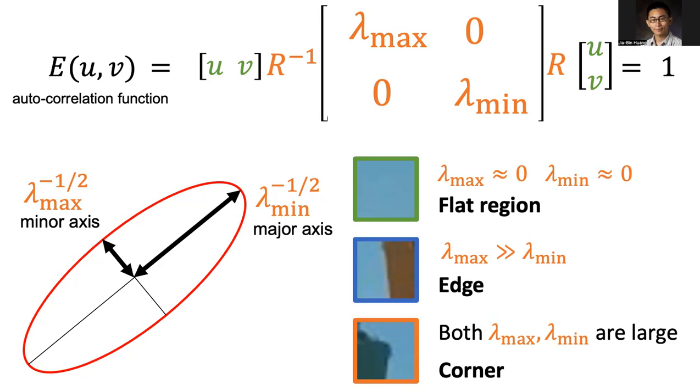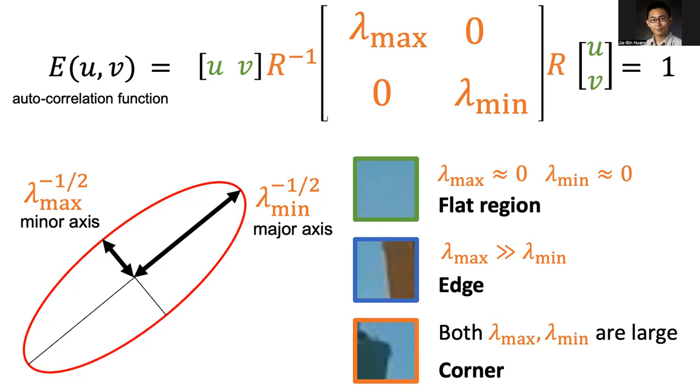Like you have large errors if you move along some direction, in this case, the horizontal direction. You can clearly identify whether the edge is moving horizontally, but you couldn't really locate where the patch goes if it moves vertically, or slightly in this direction. And that direction corresponds to the minimal eigenvalue.